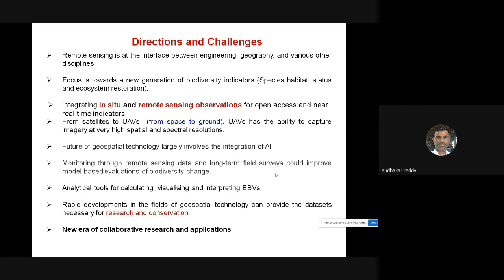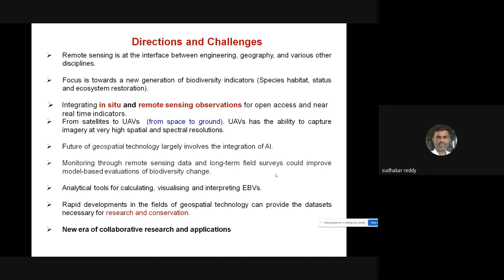The future of geospatial technology involves the integration of artificial intelligence and deep learning techniques. Monitoring through remote sensing data and long-term field surveys could improve the model-based evaluations of biodiversity change. Now we need better analytical tools for calculating, visualizing, and interpreting the essential biodiversity variables.